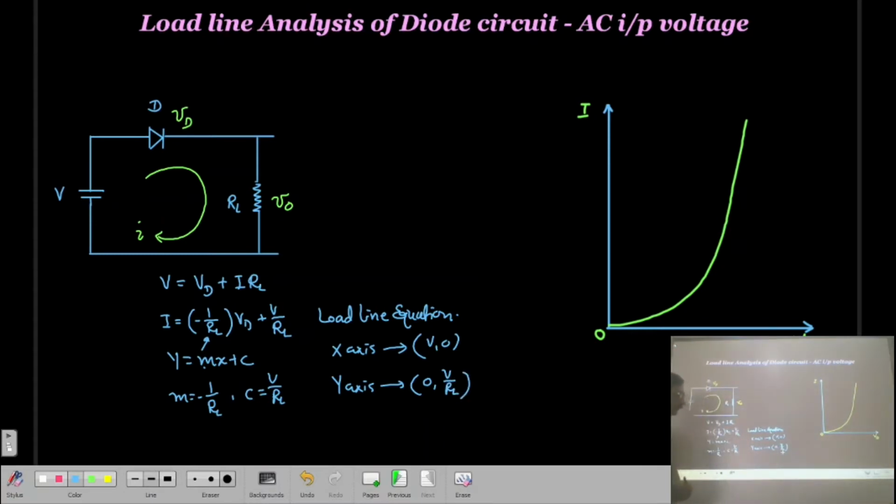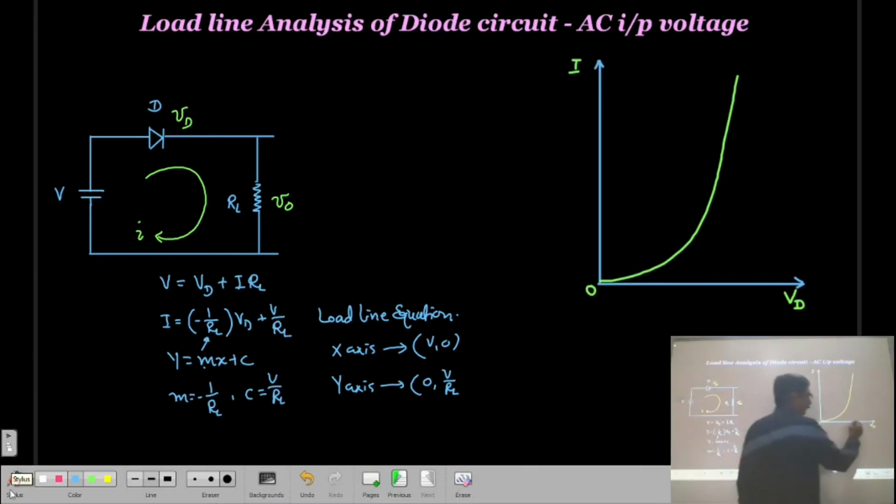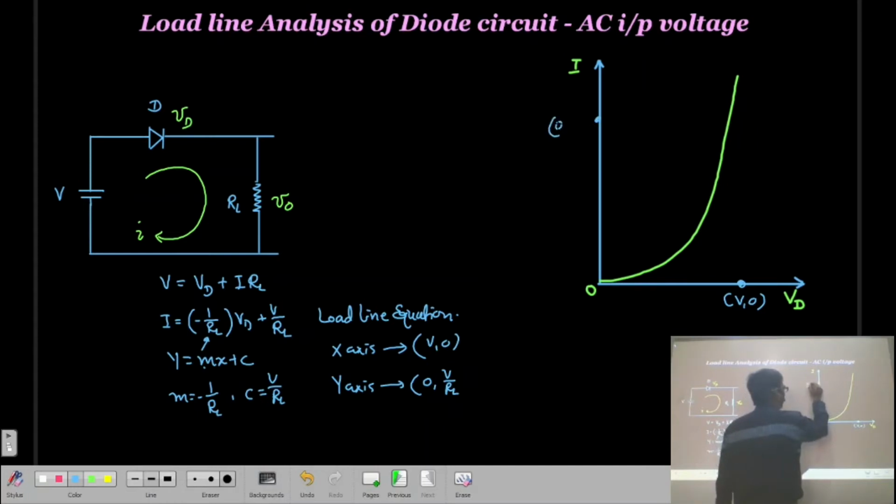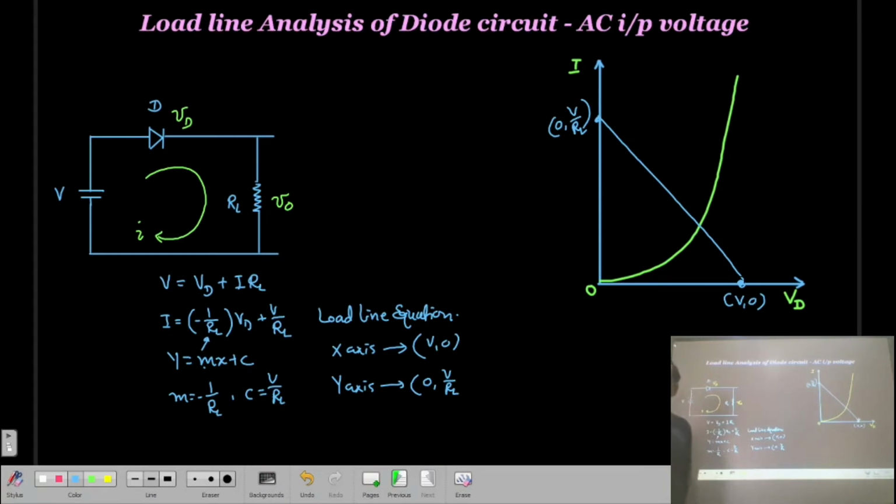Somewhere here we have V and 0, and somewhere here we have 0 and V by RL. Now if we join both the points, then you will get a load line.